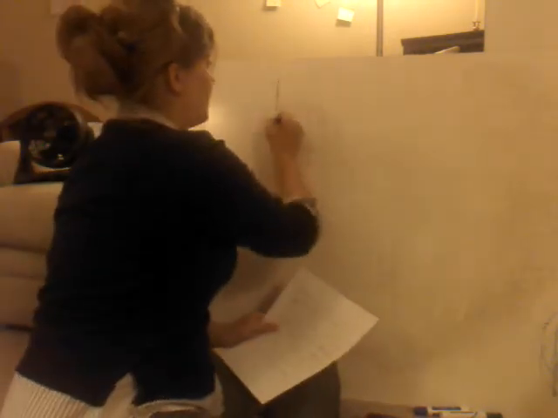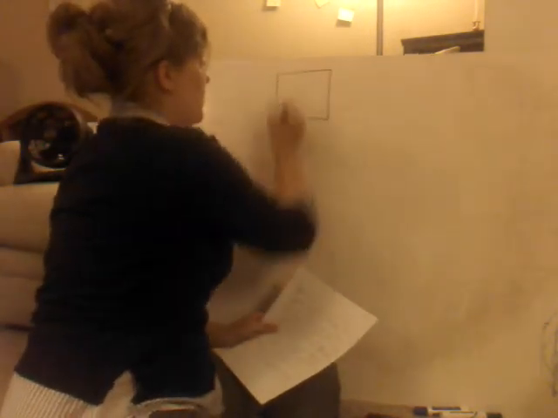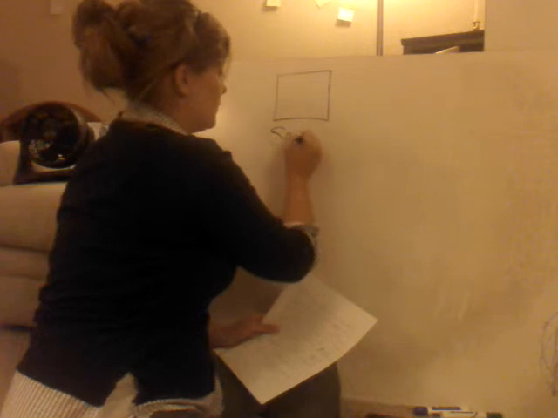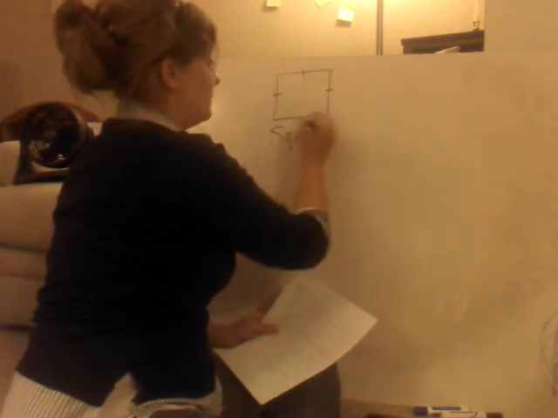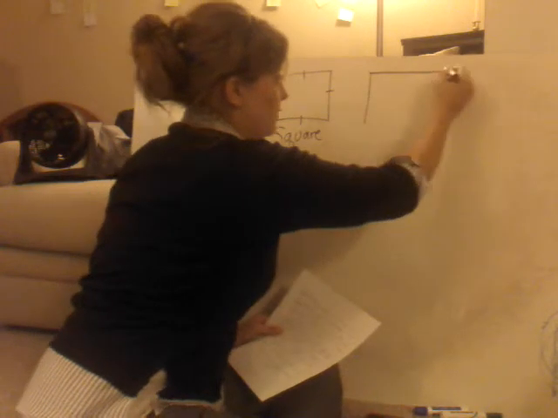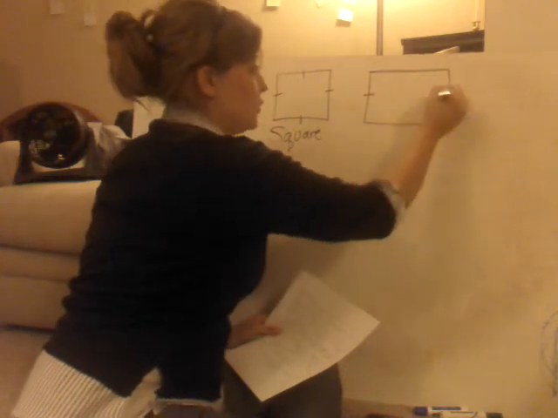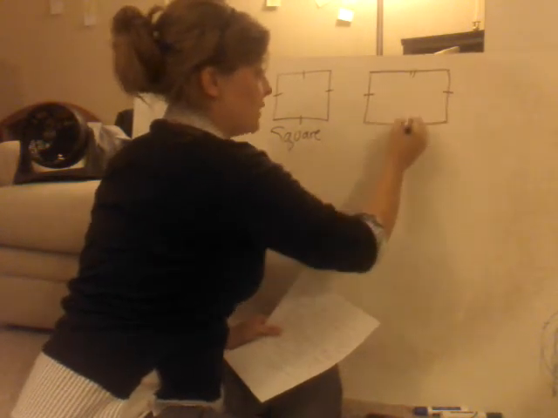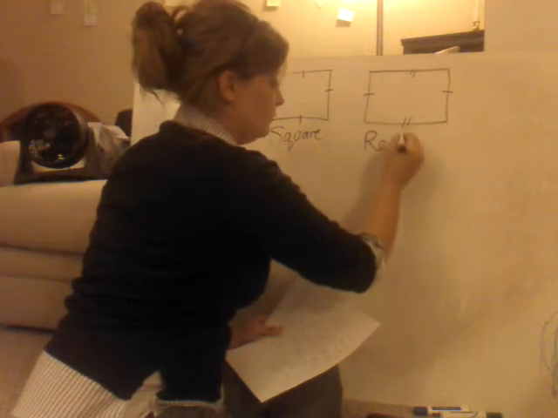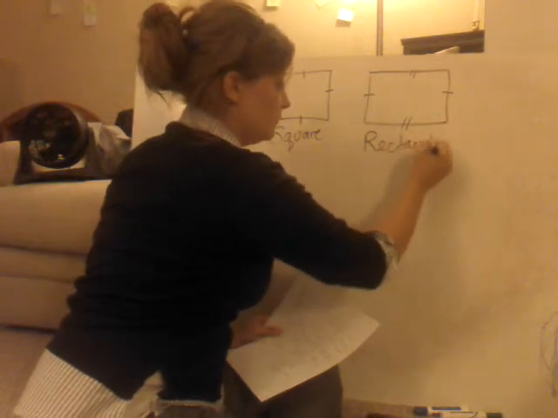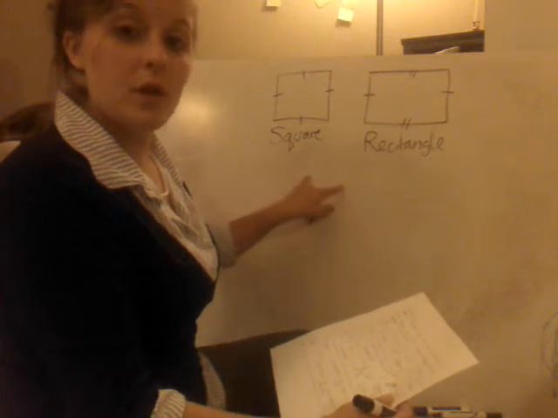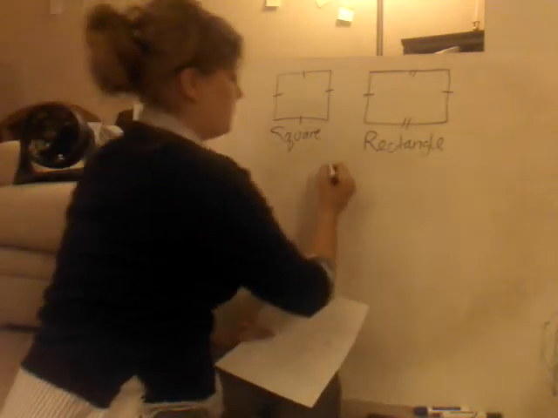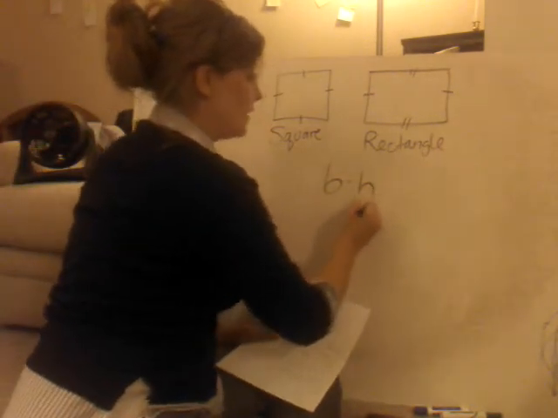Next, for a square or a rectangle, remember a square, all the sides are the same. A rectangle has two short sides and two long sides. The formula for area for both of these, though, is still base times height.